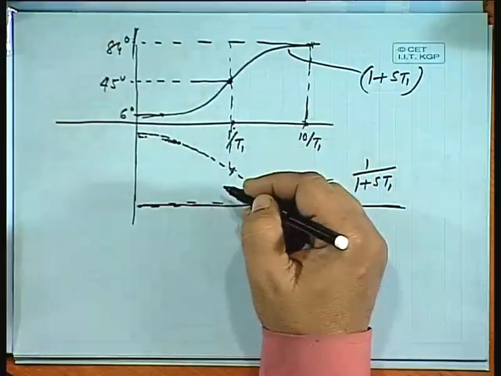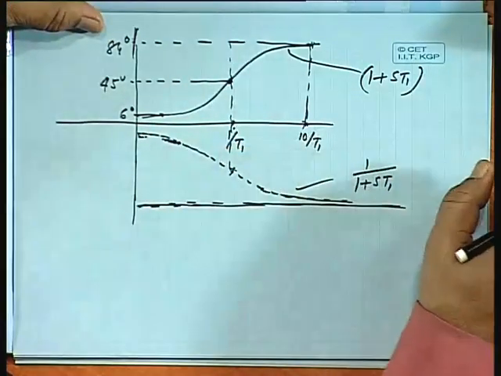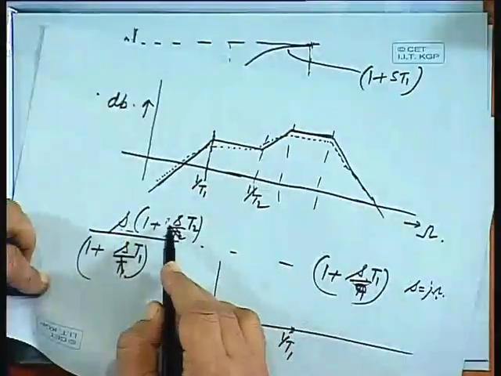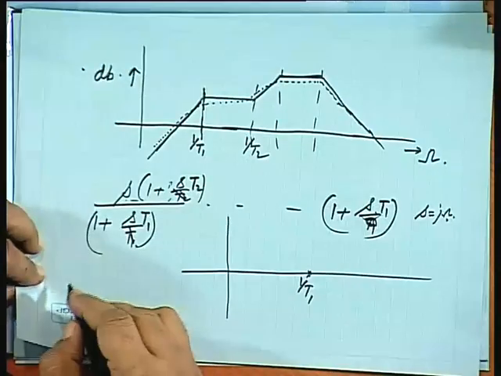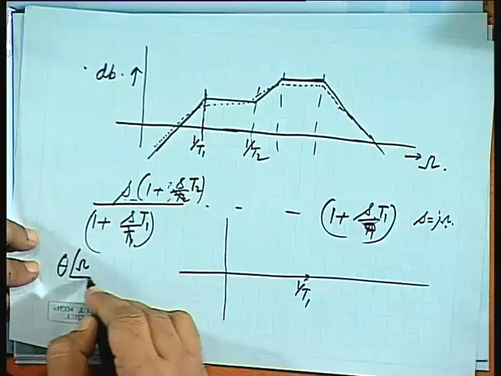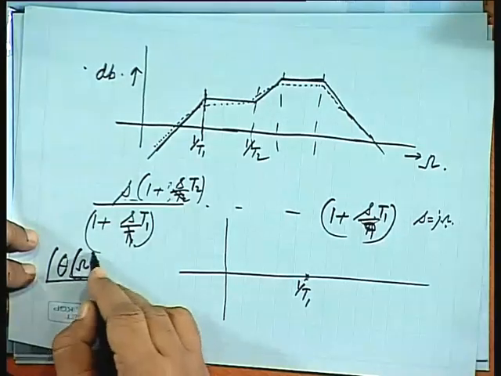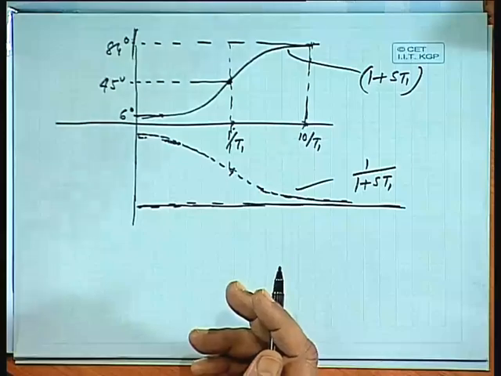For each component you can see the individual component of phase, add them together, you can realize the phase function. Or once you have realized the network function, you just put s equal to j omega here, and then find out theta as a function of omega. You can do either way.